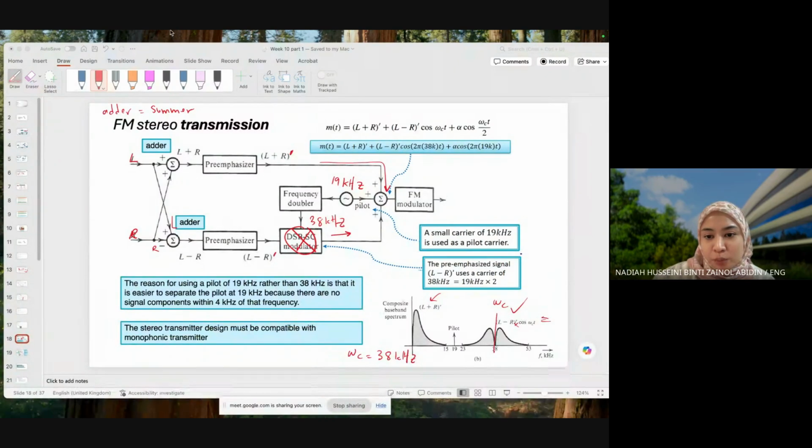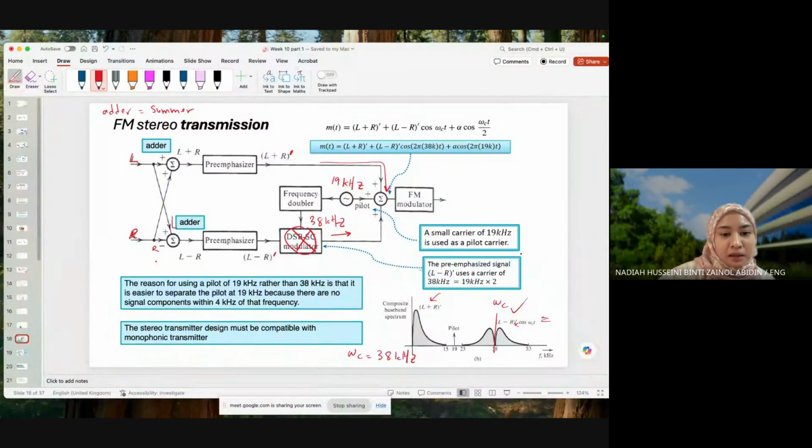Okay, so we discussed the other thing. So now let's discuss the mixer so that everyone that has forgotten about the mixer will remember. So this is like memory lane. So the reason for using a pilot 19 kilohertz rather than a 38 kilohertz is that it is easier to separate the pilot.